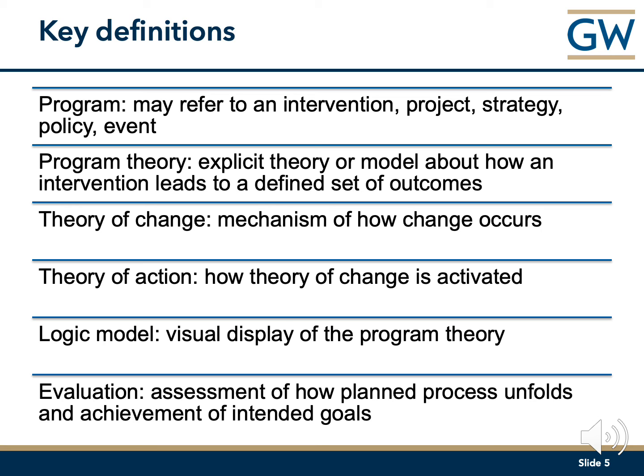The theory of change is the mechanism by which change occurs in the program. The theory of action is how the theory of change is activated. A logic model is a visual display of the program theory. And then the evaluation is an assessment of how the process unfolds against the plan and how goals were achieved.